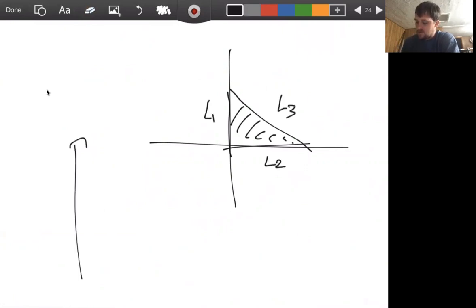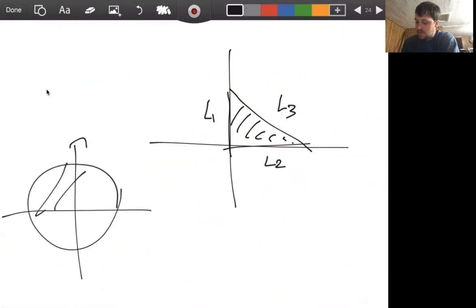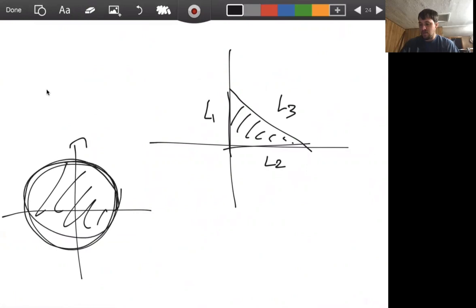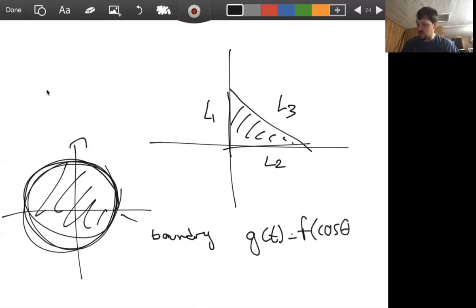Or if it's like a circle, right, then for the boundary, all you have to do is parameterize the boundary as g of t equals f of cosine t, sine t, right?